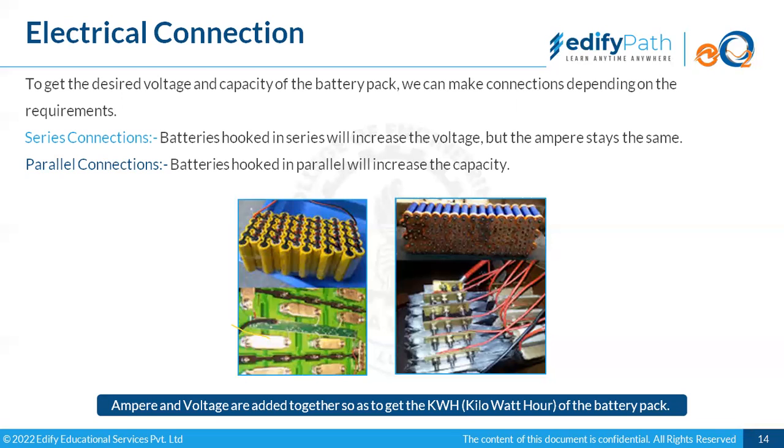So when we have to design a battery pack of a particular voltage and capacity, we have to connect the cells in series and parallel. As everyone knows, when connecting cells in parallel, the voltage remains the same.